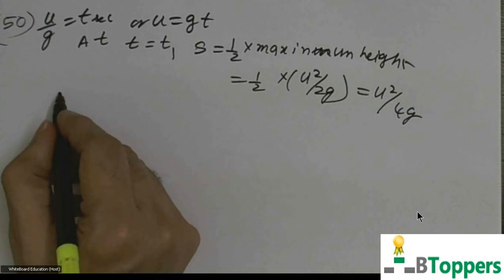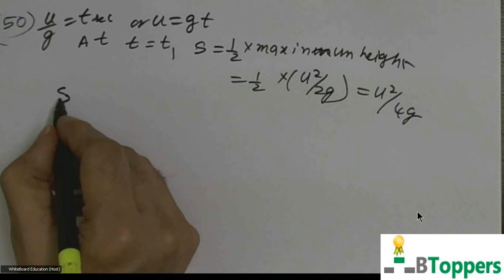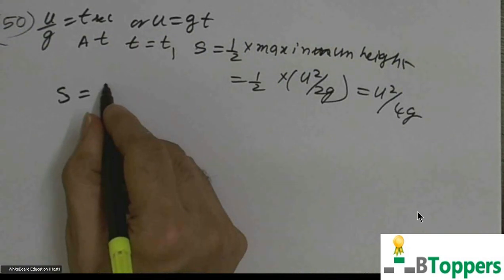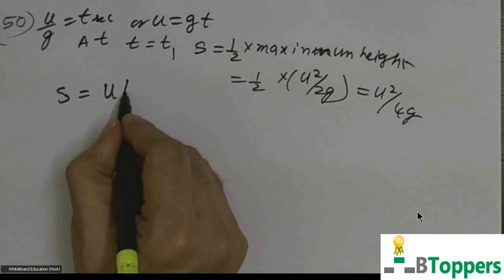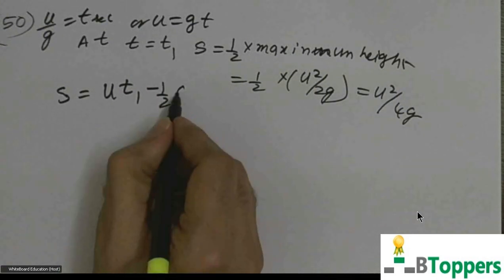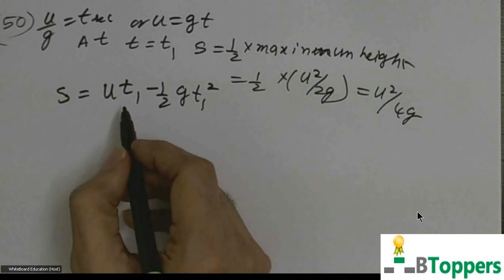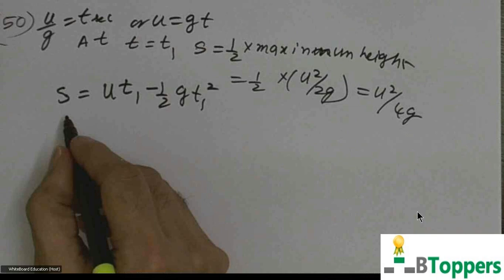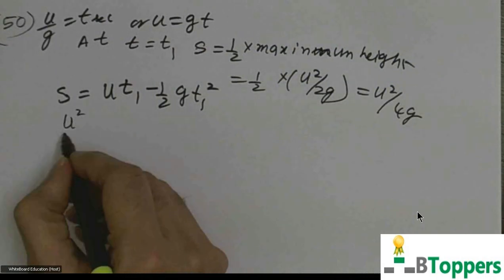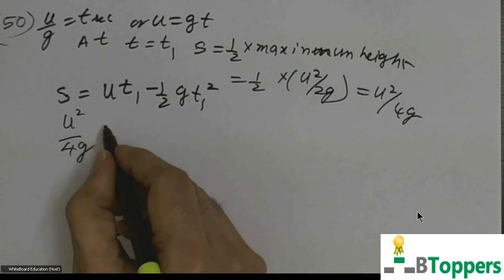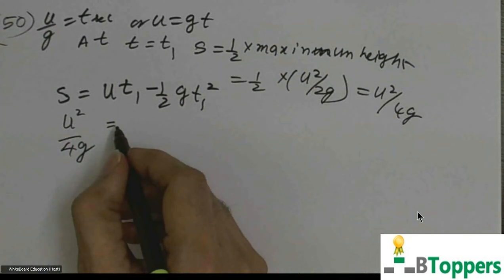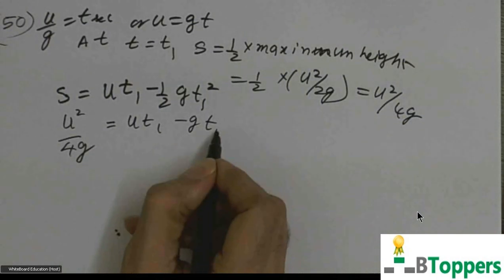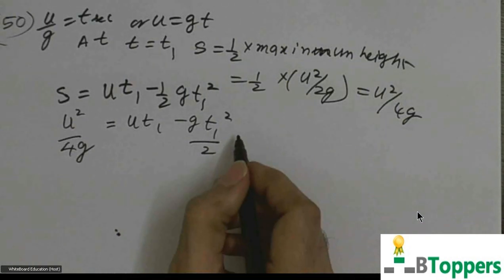Then you can use the formula S equal to ut plus half at square. Here S equal to u t1, a equal to minus g. You have to find the larger value of t1, after which S becomes equal to u square by 4g. So substitute S equal to u square by 4g into u t1 minus g t1 square by 2.